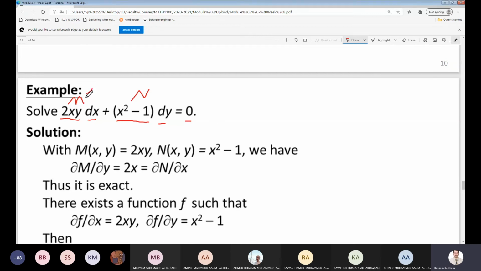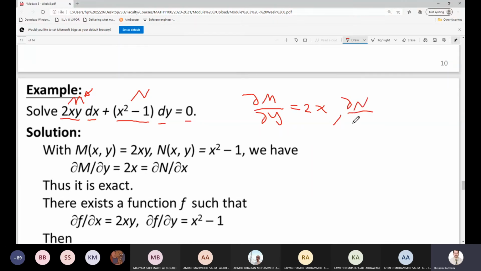Now I will differentiate this M with respect to y. So 2xy will be 2x, right? Because 2x will be constant. I differentiate only y. Partial, you see here? Partial M over partial y equals 2x, I keep them constants. Differentiation of y is 1, then that's it. Okay, comma, partial N over partial x equals.